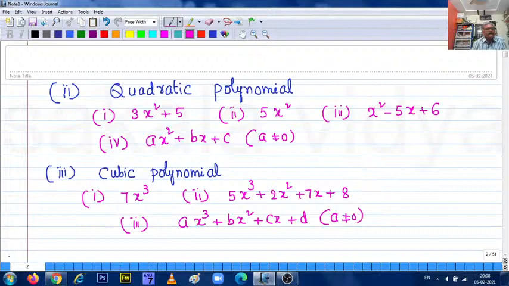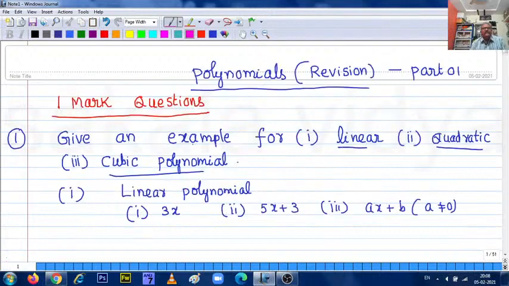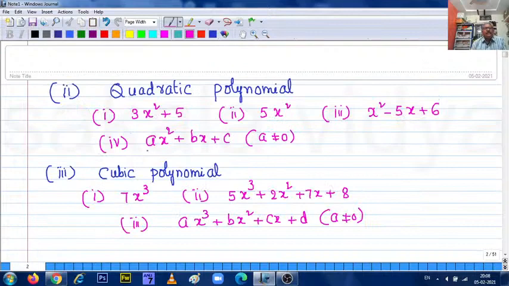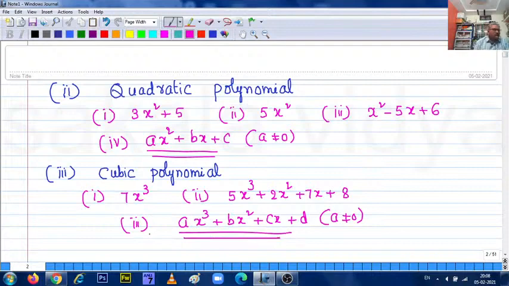So if you are asked to give one example, you give this example, ax plus b, linear polynomial. Next, this is quadratic polynomial, and this is cubic polynomial, or anything related to that.